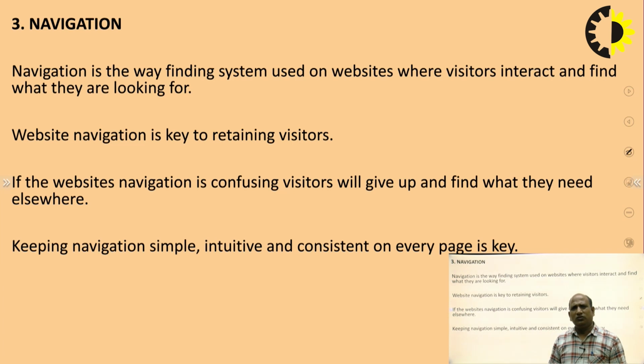So when the user clicks on a link, goes to the next page, and when it comes back, the color of your link does not change, it means the user is not aware on which link it has clicked and on which link it has not clicked. So it will make him confused. So your navigation to move ahead or backward should be proper, a proper representation of your navigation should be in your website.